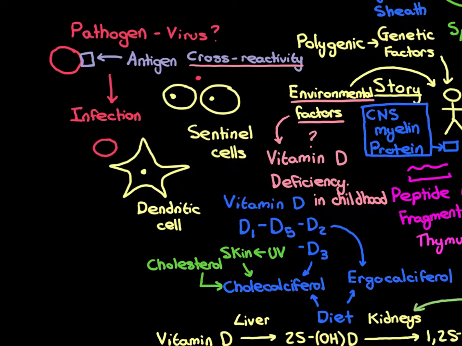Dendrites are just referring to these processes coming off the cell body. They're nothing to do with nerve cells. This cell is not capable of conducting action potentials. Quite simply, it does not have the appropriate voltage-gated ion channels in its cell membrane that you need to conduct action potentials. So don't think that this has anything to do with neurons.